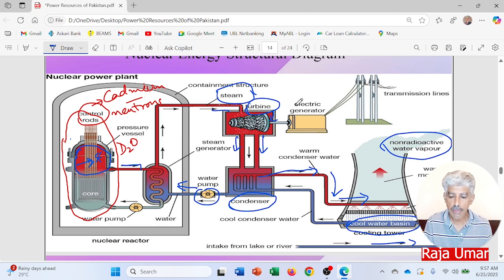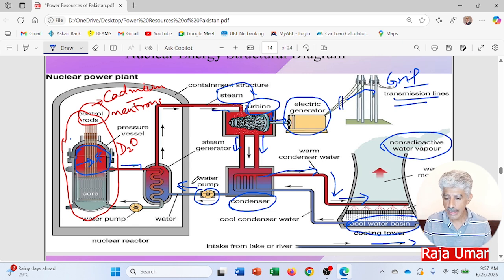And when these turbines move, they produce mechanical energy, and then mechanical energy is transformed into electrical energy over here in the electric generator, and then the transformers, and then the transmission lines. So it means that the electricity goes into the national grid. So this is the whole process.